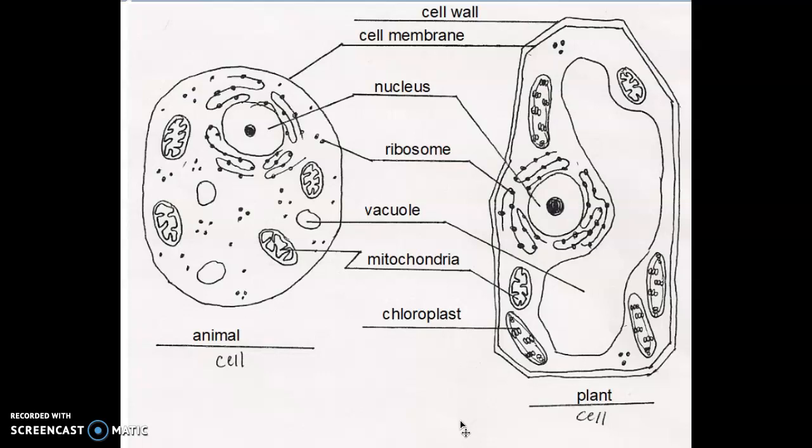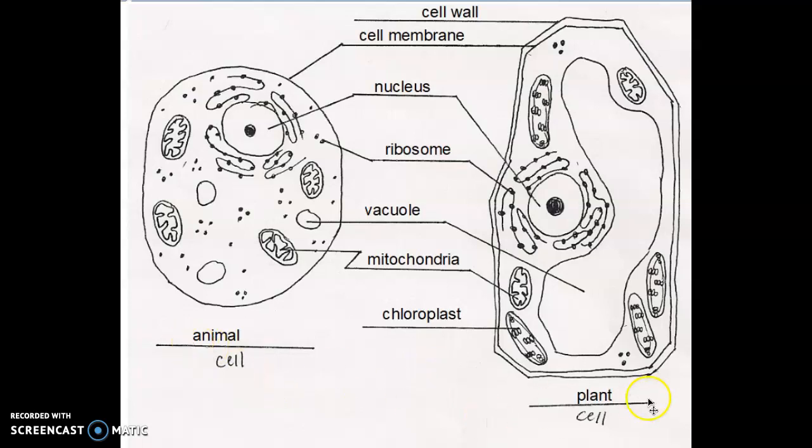Okay? So not only do you have to be able to recognize the cell parts, you also have to know their function. Then on top of that, you have to know the difference between plant and animal cells. Like what do plant cells have that animal cells do not? And you have to have a general comparison of them, kind of like how I have them lined up here. Okay, so I'm just going to do these kind of in order.